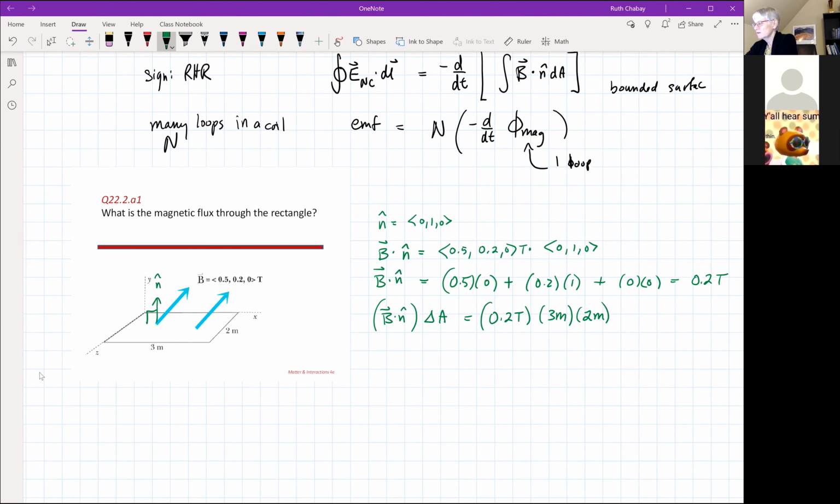So that's 6 times 0.2, which is going to give us 1.2 Tesla meters squared.